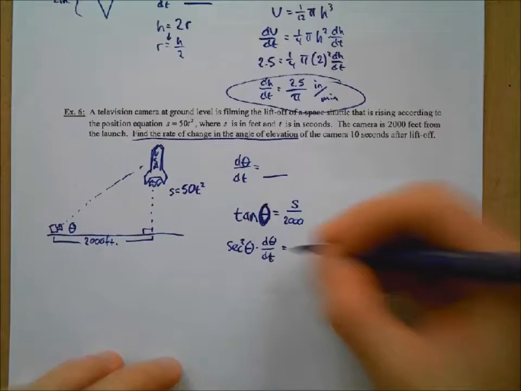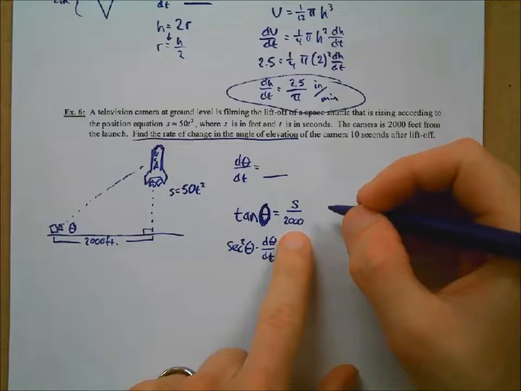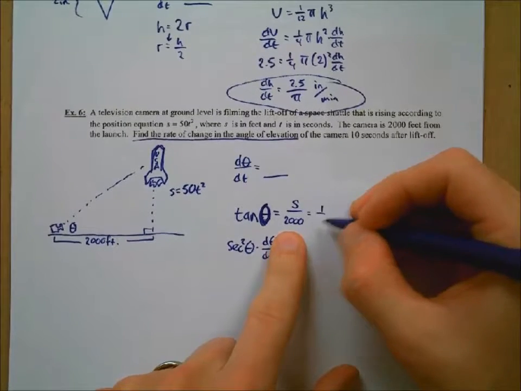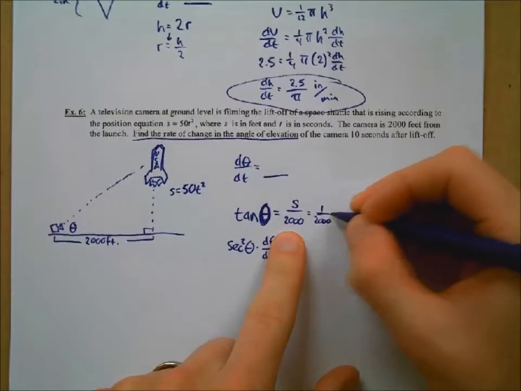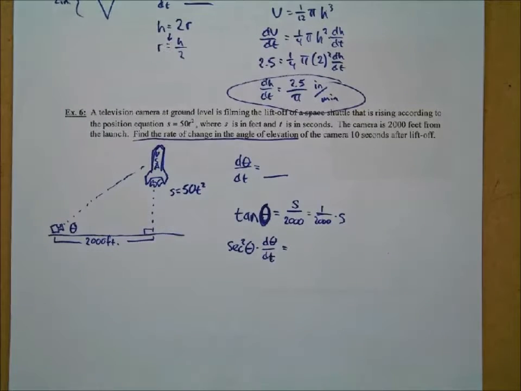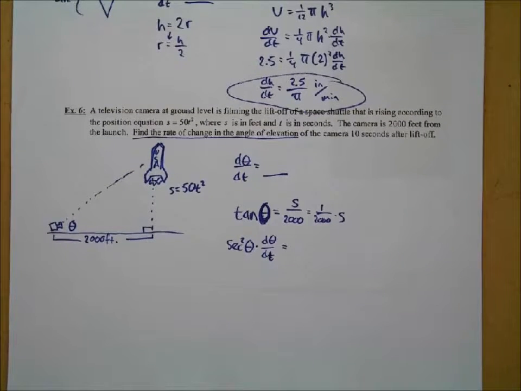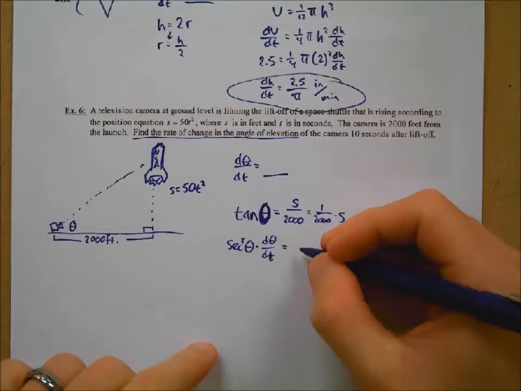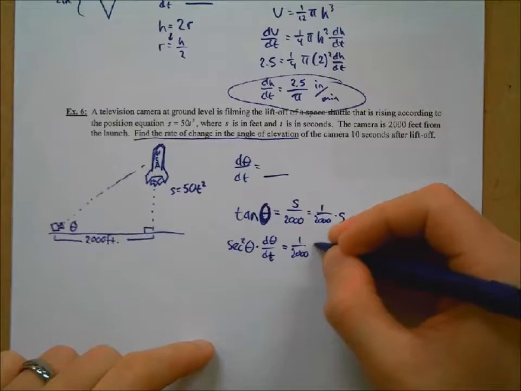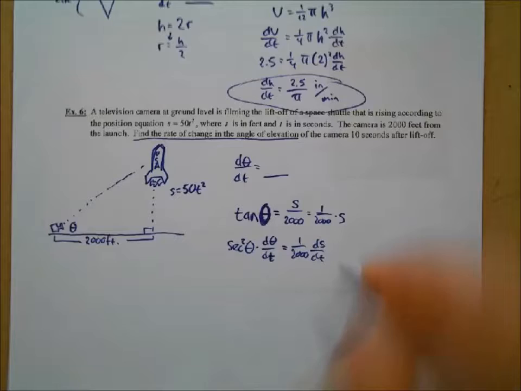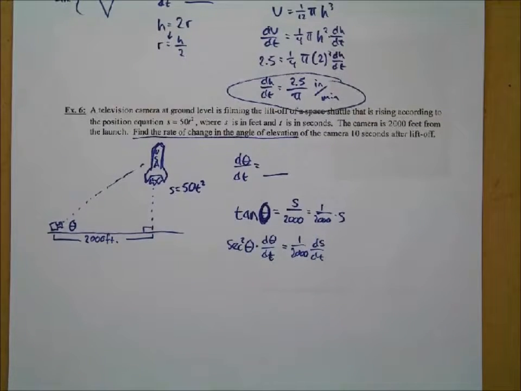Equals, okay, now remember, s over 2,000 is the same thing as 1/2000 times s, and so then what's the derivative of s with respect to t? 1/2000th ds dt if we want to. Yep. Okay, because 1/2000th is just a coefficient. ds dt is the derivative of s with respect to t.